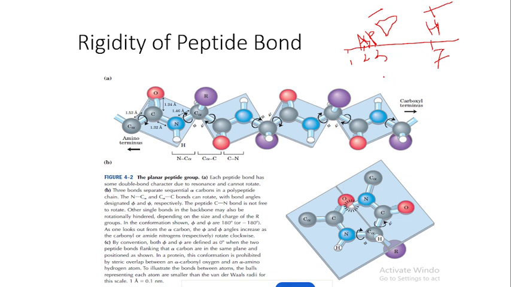Now this polypeptide chain will take a shape. This is your 1, this is your 2, right? So it will bend like this to 7, so that 2 and 7 come into close proximity as they have opposite charges. 2 has a negative charge, 7 has a positive charge.